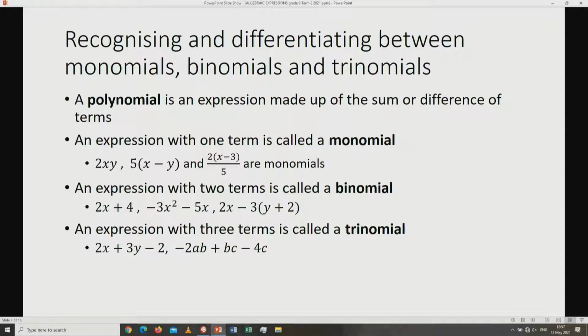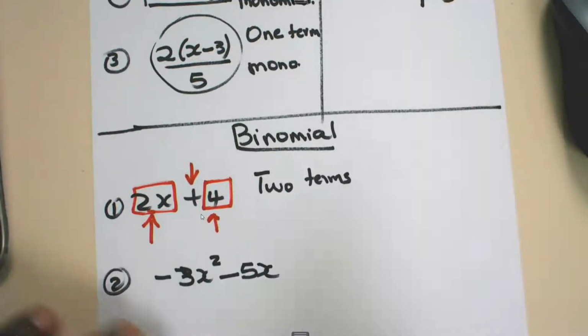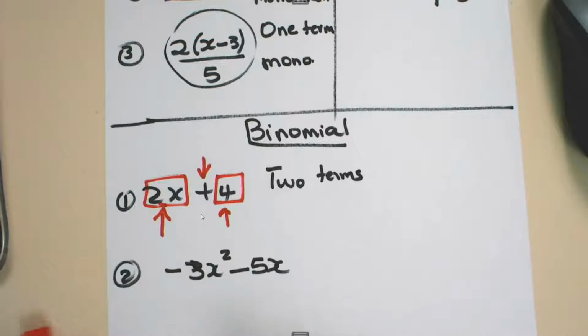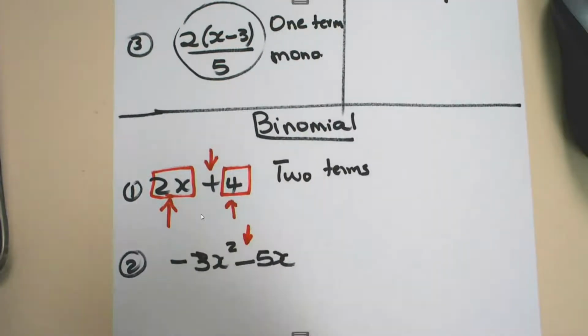The other good example is negative 3x squared minus 5x. Can you see that? Negative 3x squared minus 5x is also called a binomial. Why do we call it a binomial? There is a sign that separates the two. Can you see the sign? Which is a negative in this case.